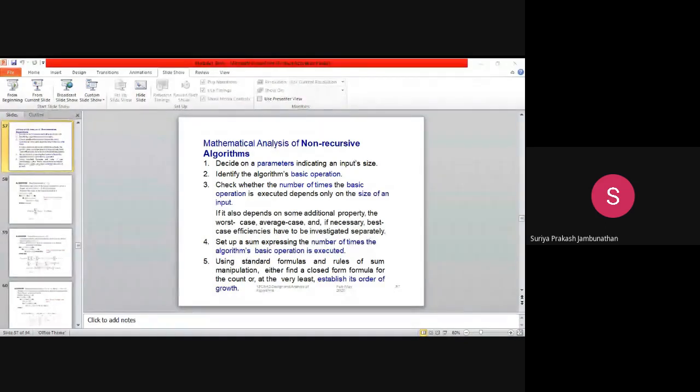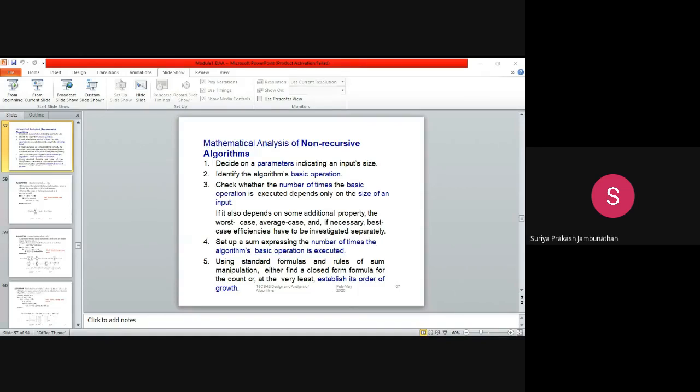So it will go for a single execution. One time it will execute the basic operation, that is, C is equal to A into B. That particular operative code will be executed a single time, and we will get the output.